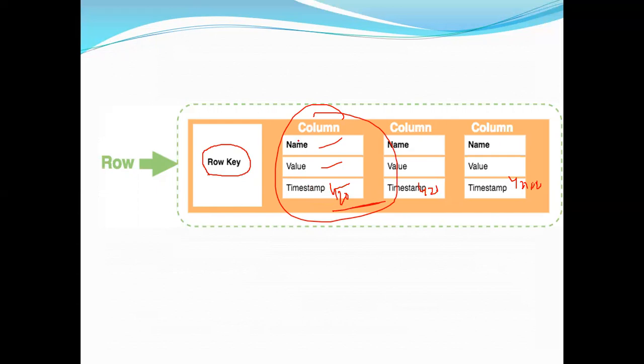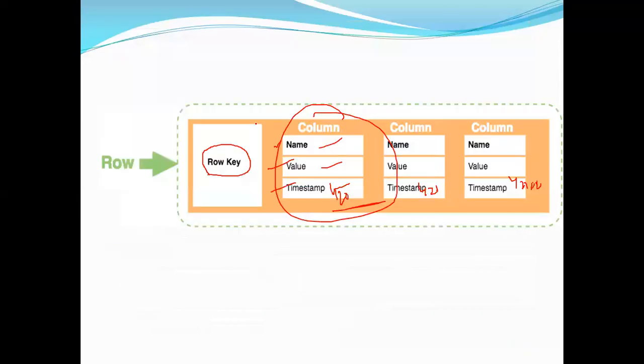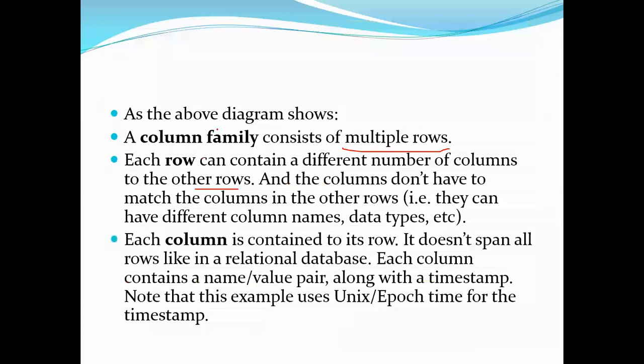So each column contains what? It contains one name, one value, and a timestamp. So here in this example, this is the column name, this is the value of the column, this is the timestamp of the column. This is called the column structure.